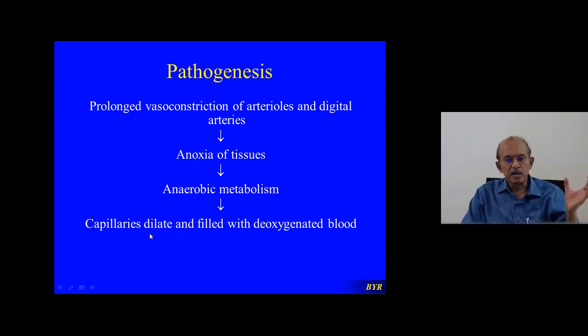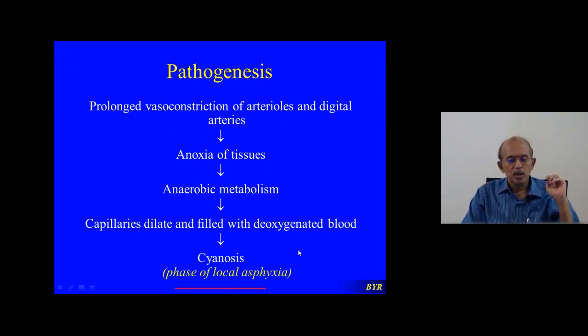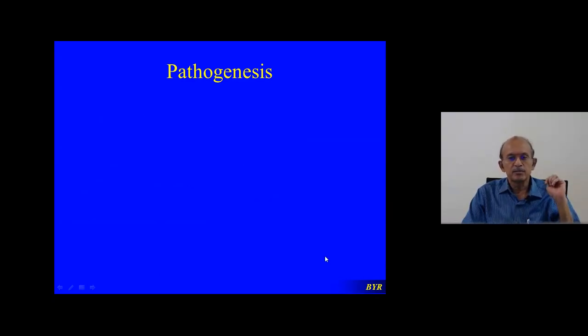The capillaries fill with deoxygenated blood because oxygenated blood is not being supplied. This leads to cyanosis. This is called the phase of local asphyxia. So first is the phase of local syncope, next is the phase of local asphyxia.